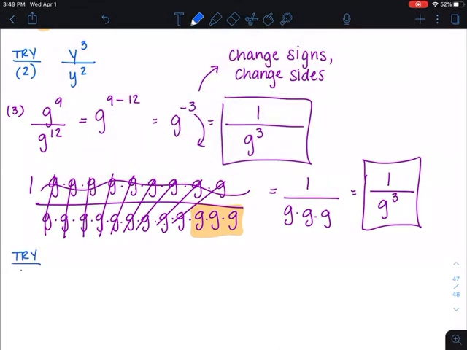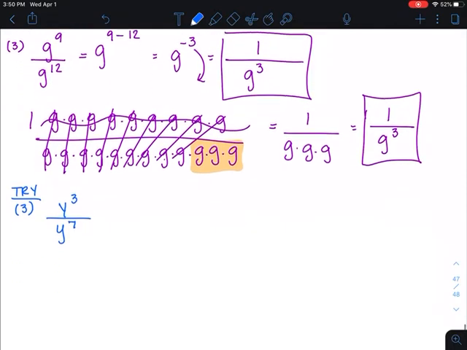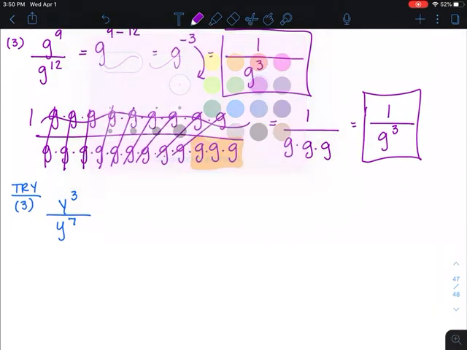Now I want you to try one. This is number 3 in your papers. I want you to take y to the 3rd power divided by y to the 7th power, and I want you to give me that answer.